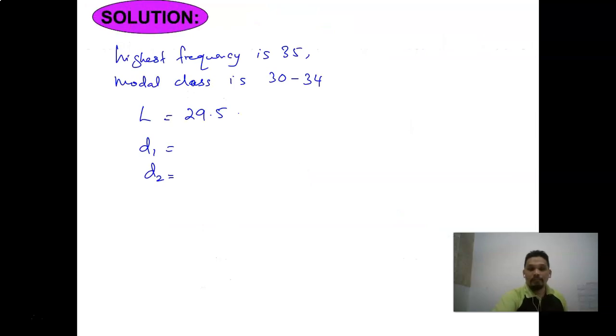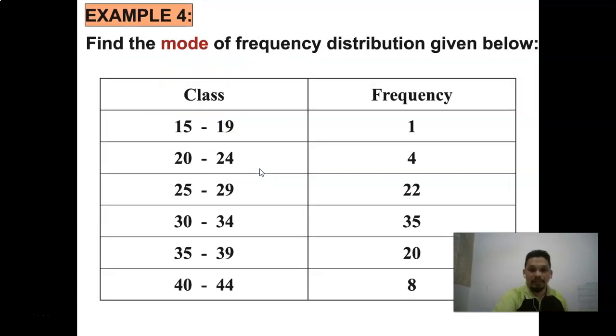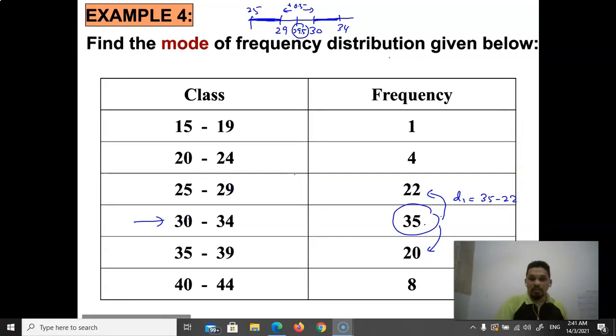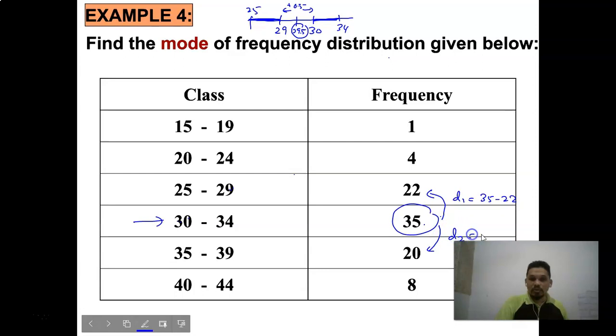D1 is 35 minus 22, and D2 is the difference between the frequency of the modal class and the frequency of the class immediately after it, which is 35 minus 20.